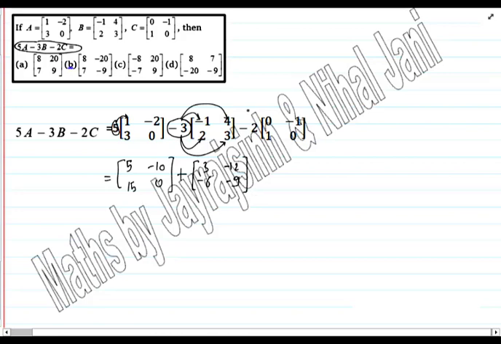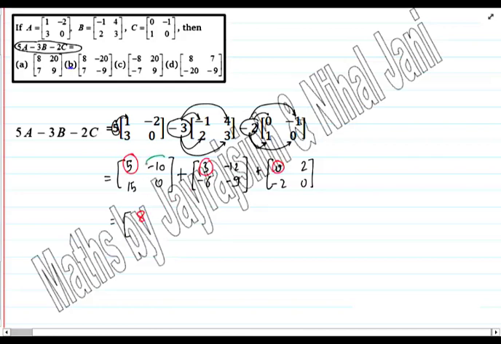And the same thing with the third term. Minus 2 zeros are 0, minus 2 minus 1s are 2, minus 2 1s are minus 2, and minus 2 zeros are 0. So now we just have to simply add the matrices. Let's take the corresponding terms. The A11 term, 5 plus 3 plus 0 will be 8.